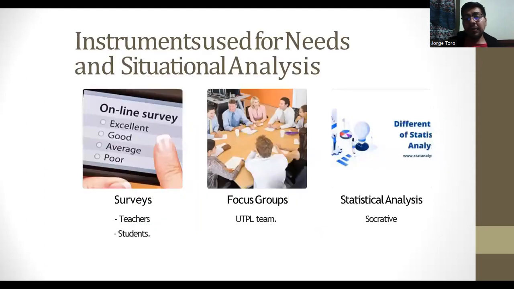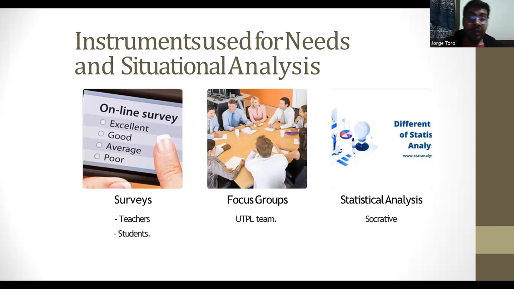The instruments used for needs and situational analysis were 3. The first one is surveys; there were surveys for teachers and students as well. The next one is the focus group. In this part, I worked with a UTPL team, which are my classmates.